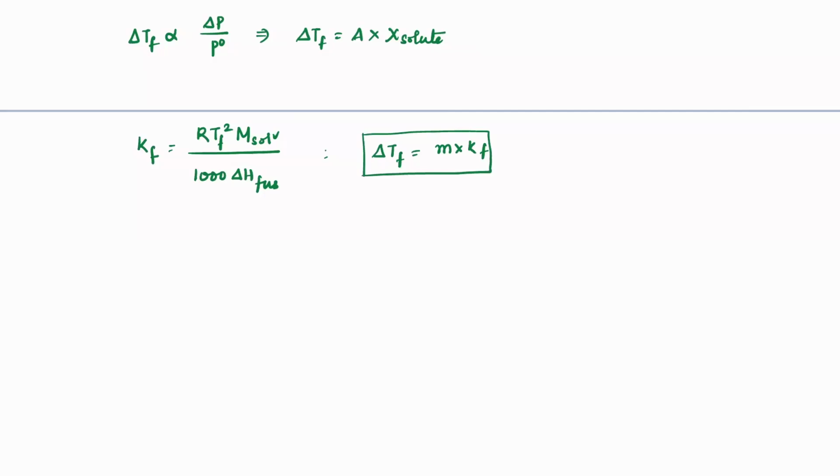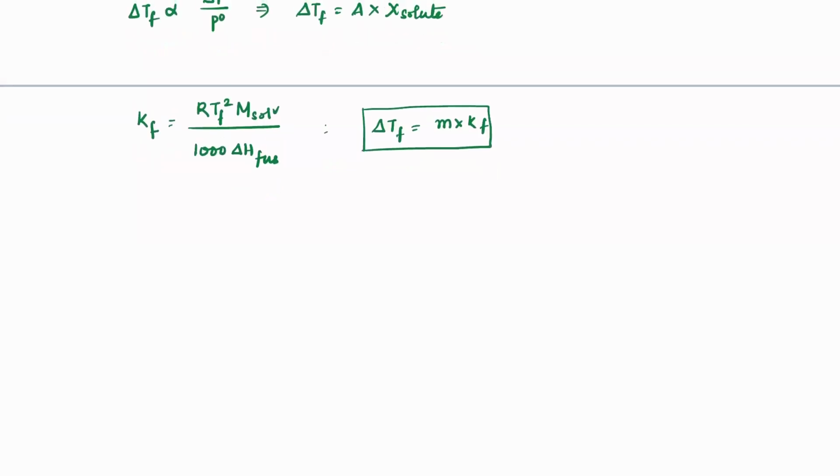Okay, right? Just like how we call Kb the ebullioscopic constant, here Kf is termed as the cryoscopic constant, or depression constant, or freezing point constant.